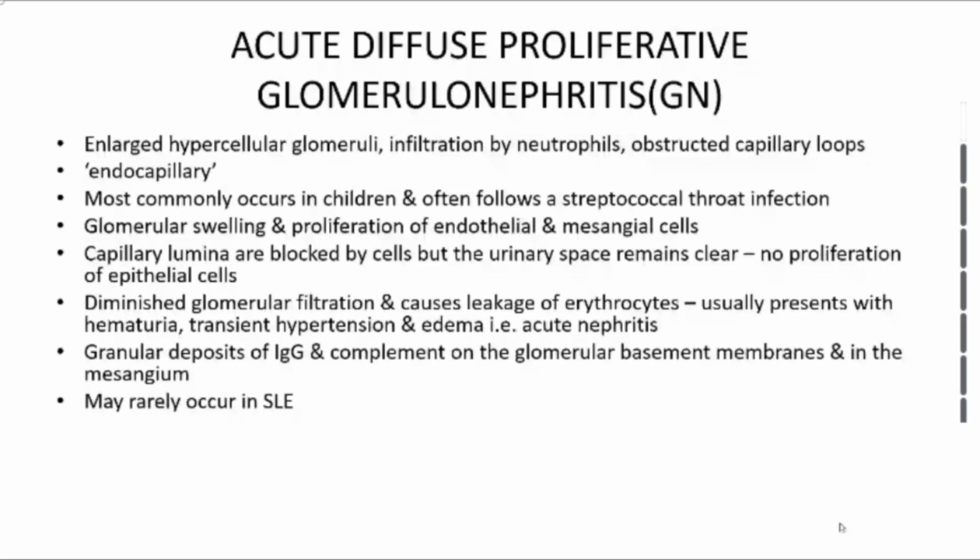Of course, this leads to diminished glomerular filtration and causes leakage of erythrocytes, the red blood cells, into the urinary space. Patients usually present with hematuria, which is blood in urine, or blood-stained urine. Usually, red blood cells should not be filtered, but in this case they are.